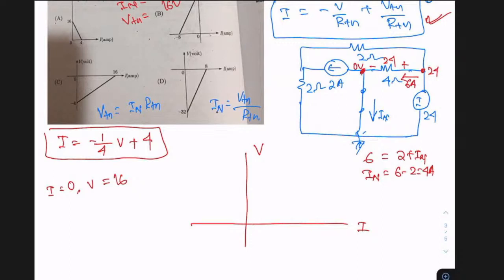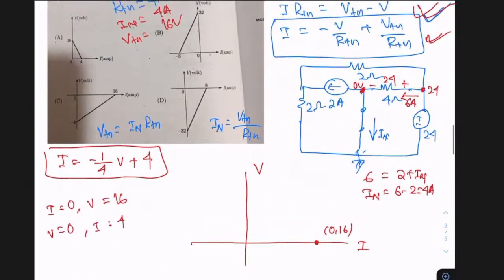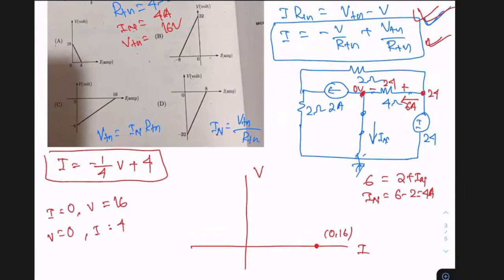So a point you'll be getting here, and this coordinate is 0, 16. Next, you make V equal to 0. If you make V equal to 0, then you're getting I equal to 4. I mean 4, 0. X is 4, Y is 0.